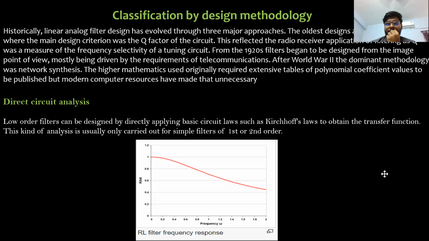This reflected the radio receiver application of filtering, as Q was a measure of the frequency selectivity of a tuning circuit. From the 1920s, filters began to be designed from the image point of view, mostly driven by the requirements of telecommunications. After World War II, the dominant methodology was network synthesis.